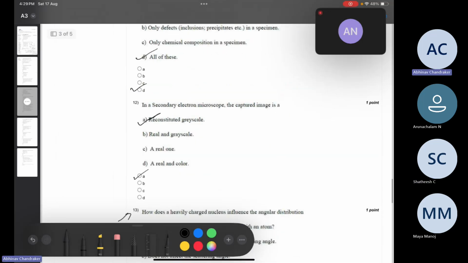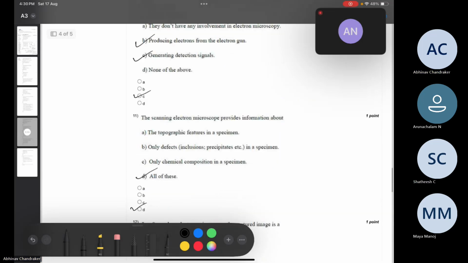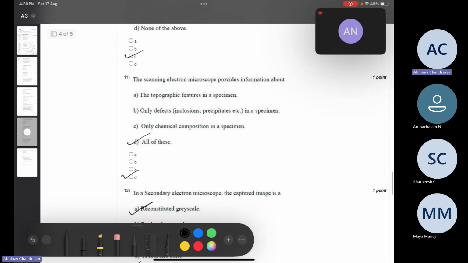Another question asked was question 11, whether a SEM can give chemical composition information or not. Have any of you tried to answer this or know the answer to whether SEM can tell about chemical composition or not?